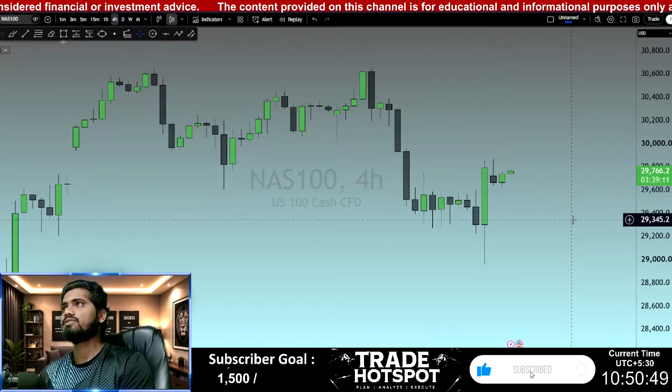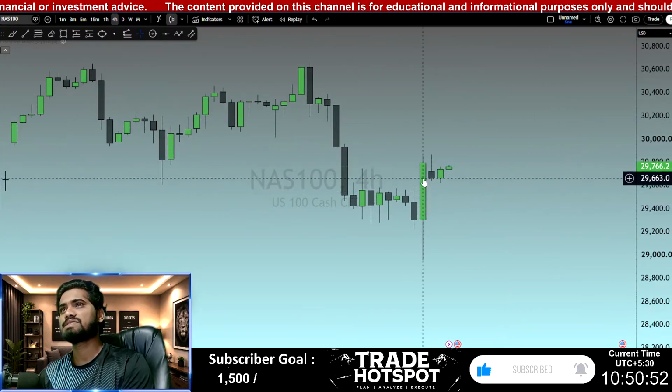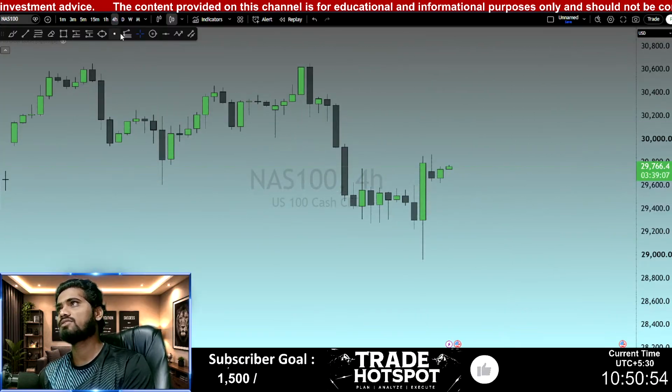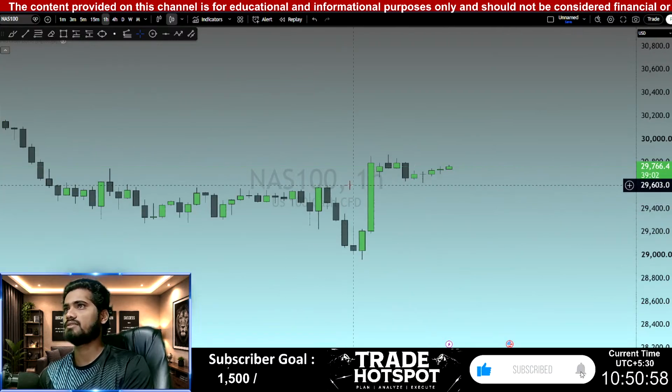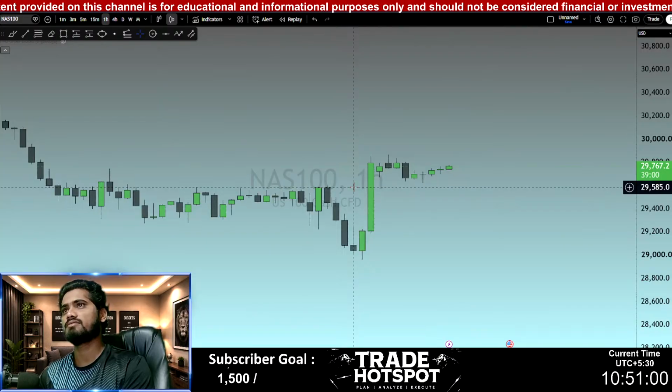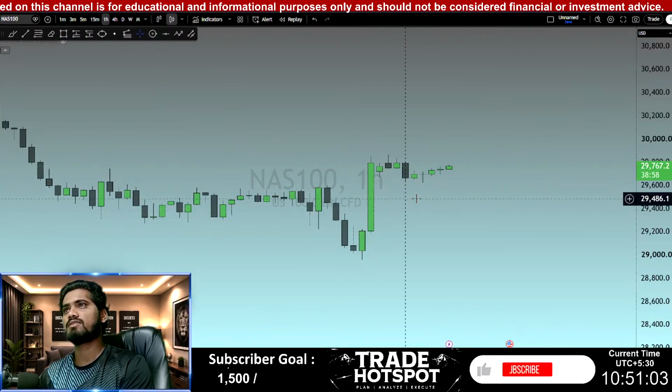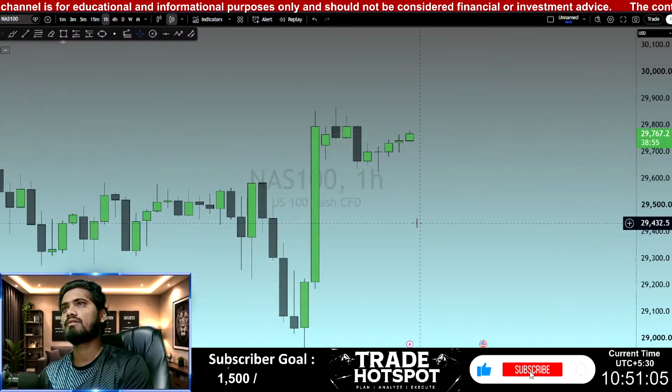So here in the 4-hour chart you can see this is a changing state, right? Yesterday we got, in 1 hour also you can confirm that, and this is visible strongly here in the 1-hour chart, right?